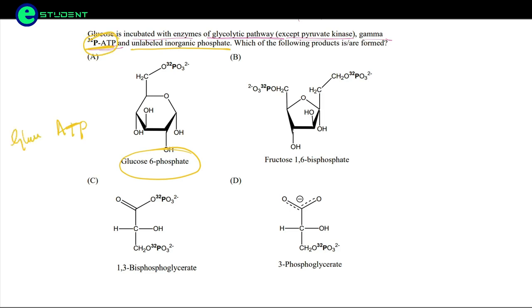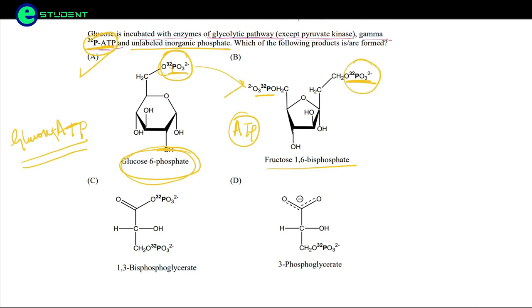So glucose plus ATP will give glucose 6 phosphate, and here this is going to be the labeled phosphate. So A is the correct option. Fructose 1,6 bisphosphate: yes, here also the phosphate is provided by ATP only. This phosphate, and this phosphate is again provided by a new ATP molecule. So this labeled ATP will be giving the phosphate.